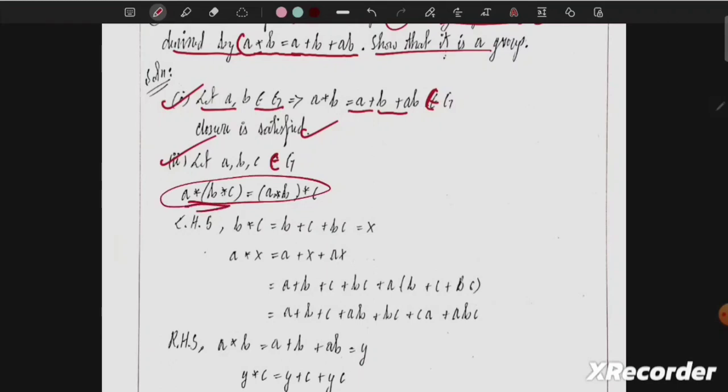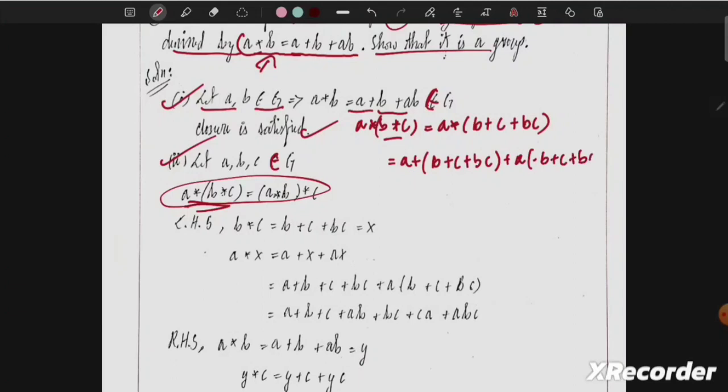So if we take the left hand side, say A star (B star C) equal to A star, using the defined condition, (B plus C plus BC), since A is taken, you will use A plus (B plus C plus BC) plus A(B plus C plus BC).